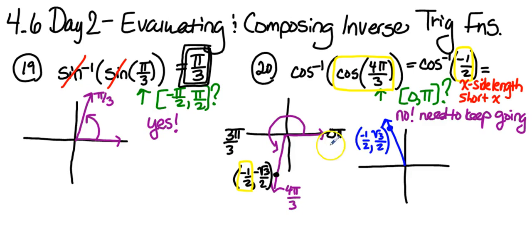And if I check my ordered pair, x is negative 1/2, so I'm in good shape. And to finish, I just have to ask myself to actually do cosine inverse of negative 1/2. What angle is this? From my knowledge of the unit circle, I know the answer to that question is 2 pi over 3.